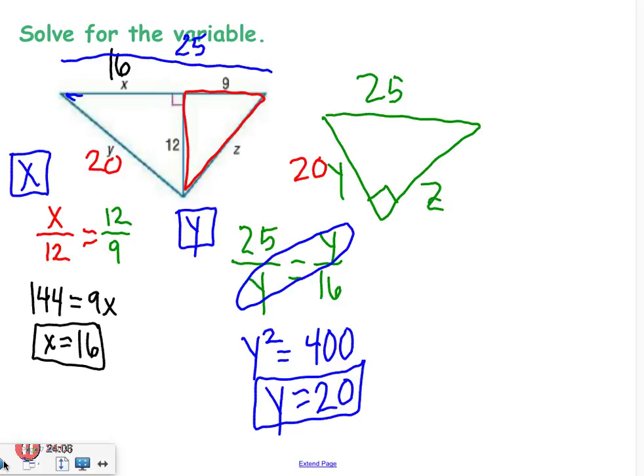Do you want to use the short or the long leg? Short. So I can write 9 over Z, short over hypotenuse, is equal to Z, because Z is the short leg of the big one, over, what's our hypotenuse? 25?